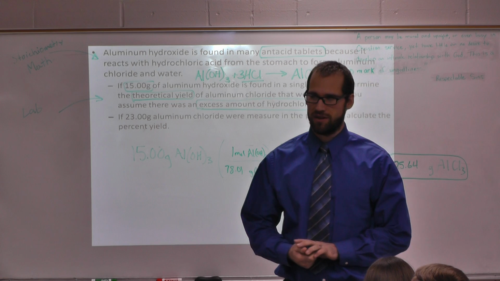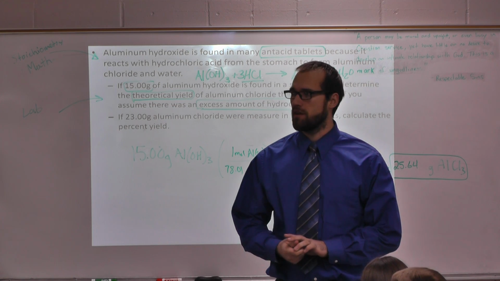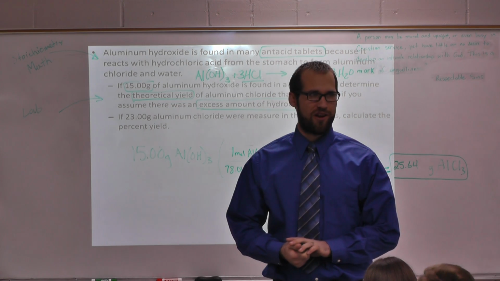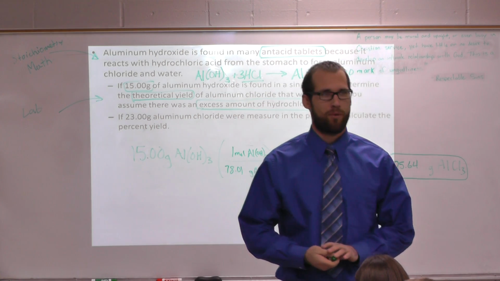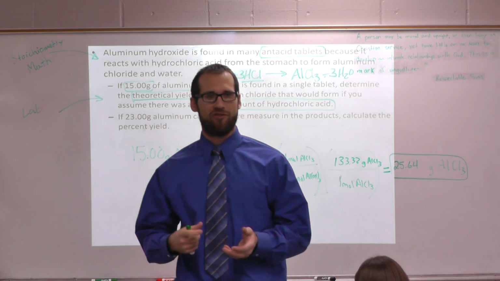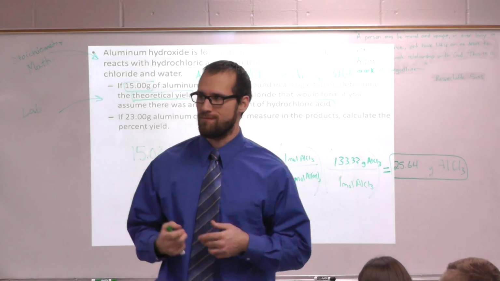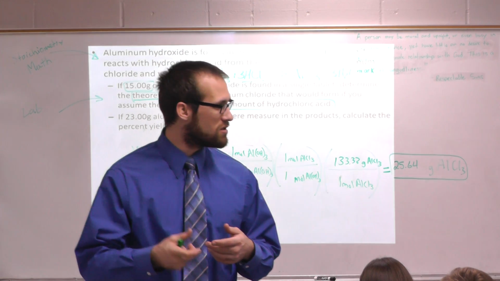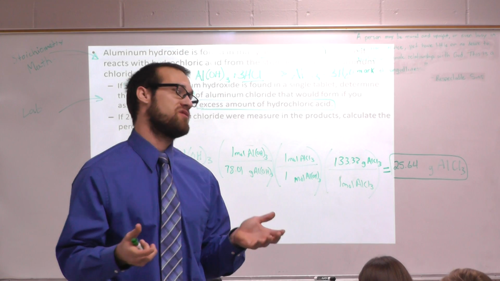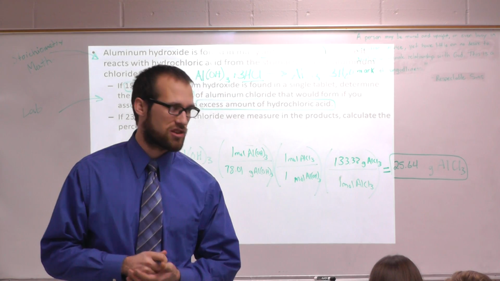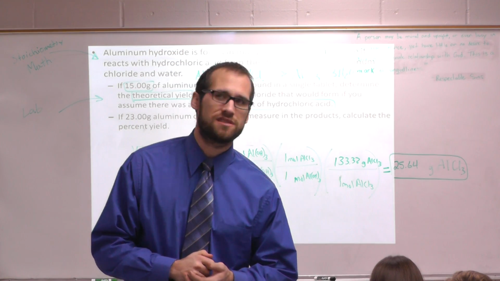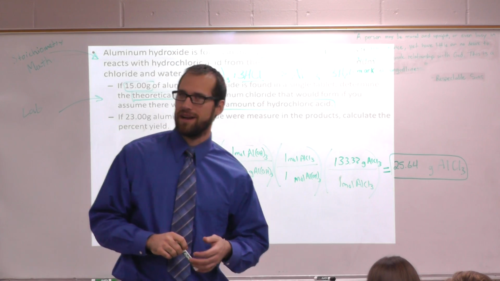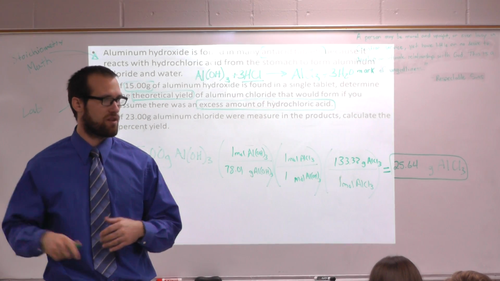That's what you would think if you could never be perfect. But you could also have error in the opposite direction. For example, you could think that everything reacted, and then when you went to get the mass of your product, what you were really getting the mass of was part product and part reactants left over, and that could give you an actually bigger number. So most of the time it's going to be less than 100, but error can cause it to be more than 100 as well.